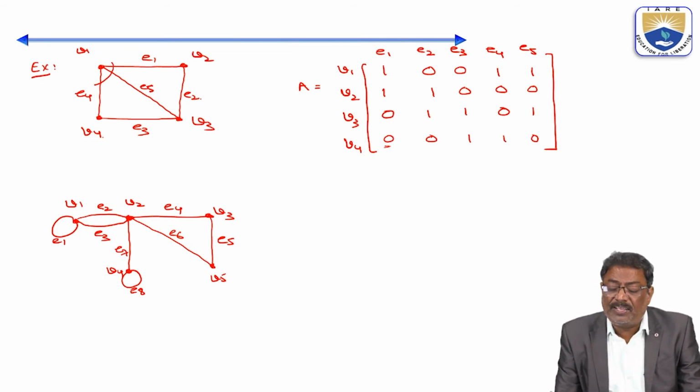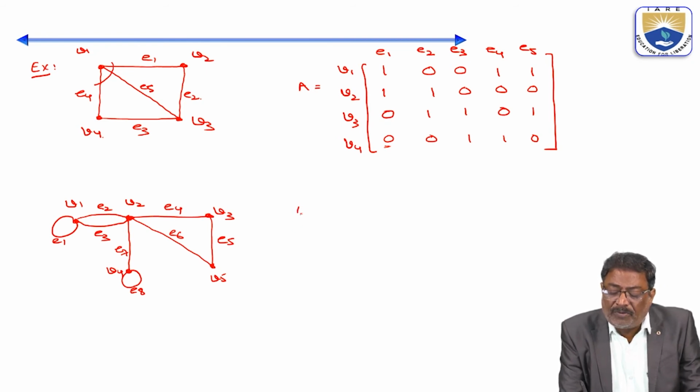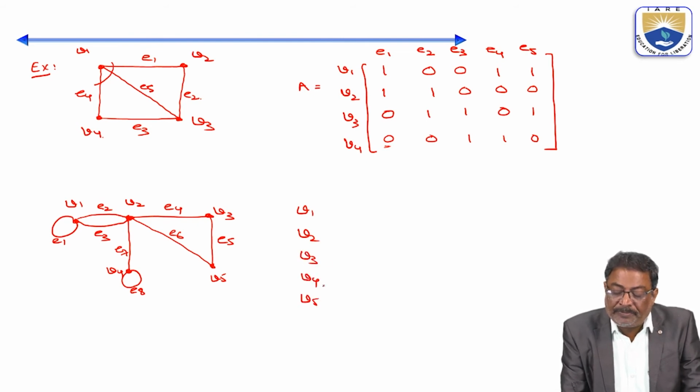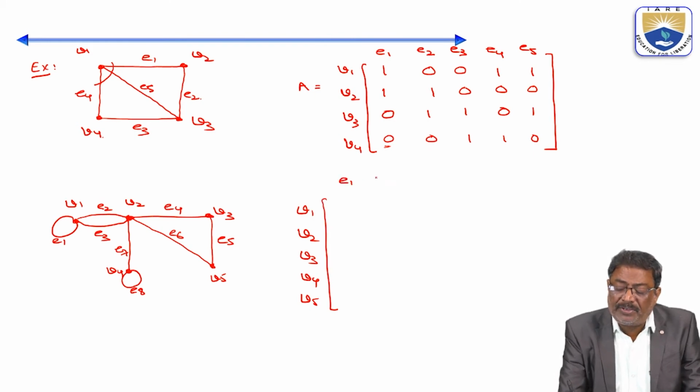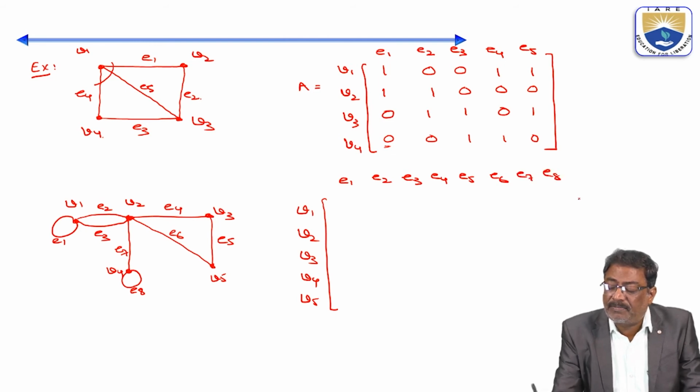For this, the incidence matrix has rows V1, V2, V3, V4 and V5, and columns E1, E2, E3, E4, E5, E6, E7, E8.